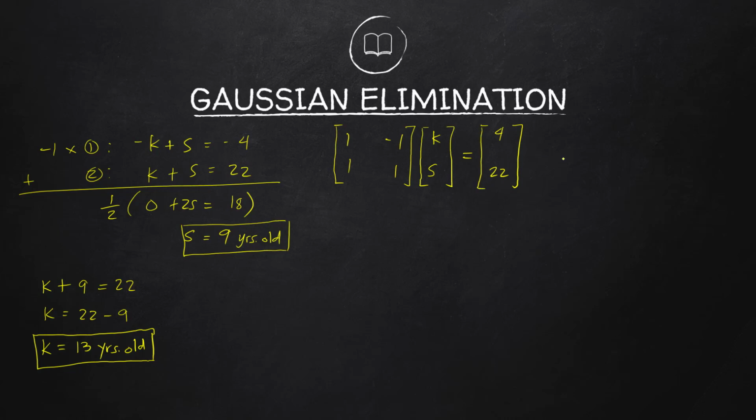So it follows the form AX equals B: coefficient matrix, variable matrix, and constant matrix.